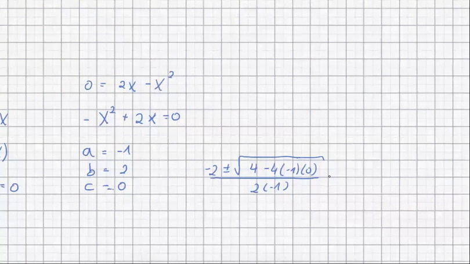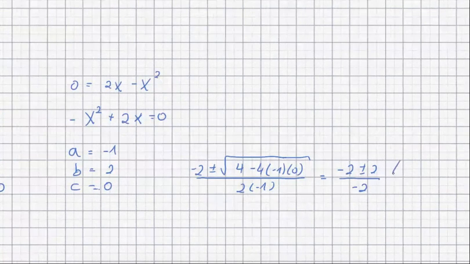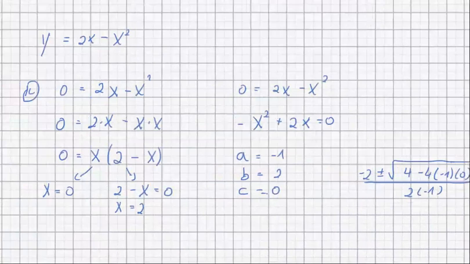So we have minus 2 plus minus 2 over minus 2. So it's either 0 or 2. So this is maybe a safer way to do it.